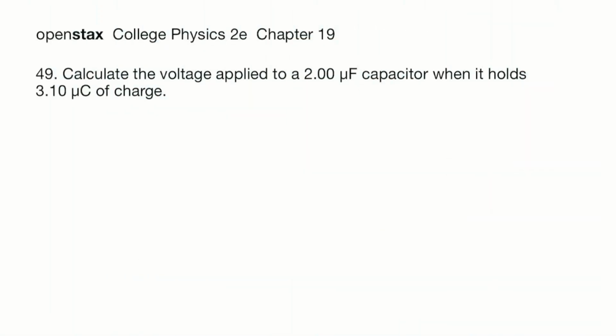In this problem, we need to calculate the voltage that is applied to a 2.00 microfarad capacitor when it holds 3.10 microcoulombs of charge. Okay, let's start with what we know.